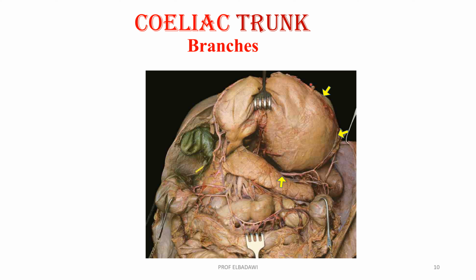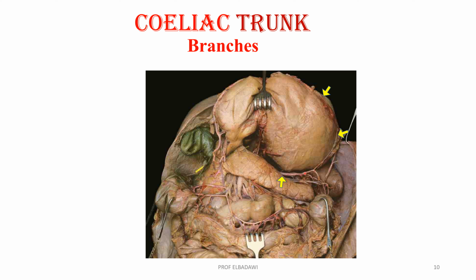That is the left gastro-omental and the left gastric. This short gastric will anastomose these branches. As it crosses on the upper border of the pancreas, it will be supplying the pancreas by pancreatic branches. The details of these branches will be dealt with when we describe the pancreas.